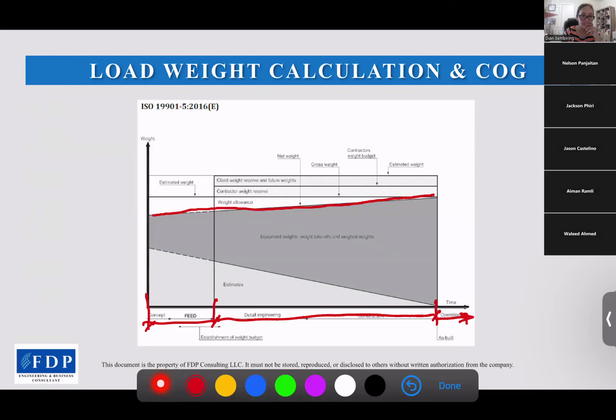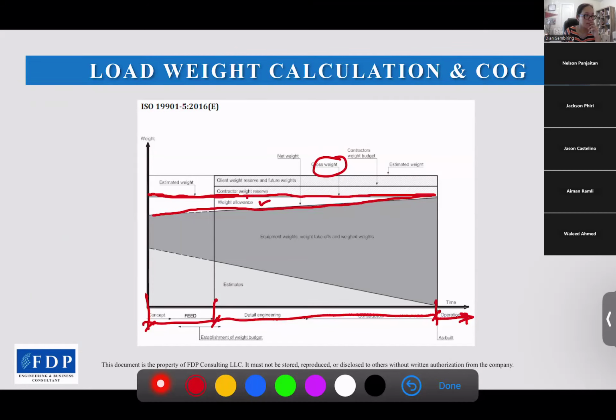If we look at the gross weight here, this is the estimated weight with the weight allowance. So we always refer to the gross weight for the lifting design.